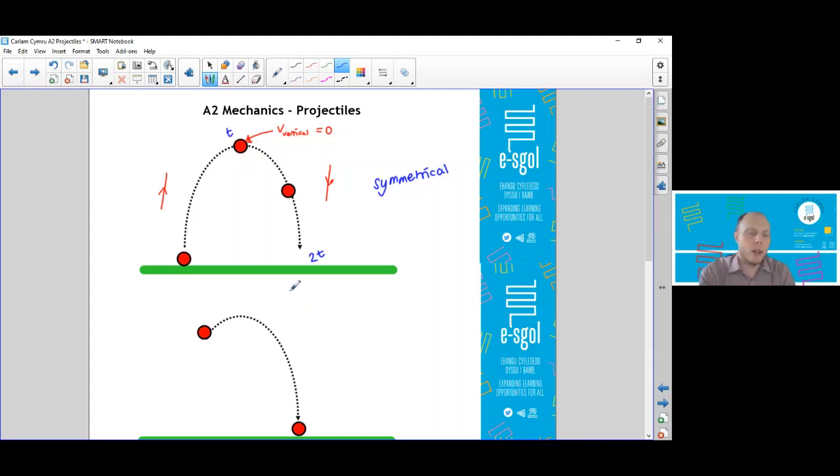It also means that whatever velocity and angle it was launched at is exactly the same when it lands. So if it goes up at an angle of, let's say, 80 degrees at 30 meters per second, then when it lands, because it's symmetrical, it comes back down at an angle of 80 degrees and at a speed of 30 meters per second. That can really speed problems up if they are symmetrical.